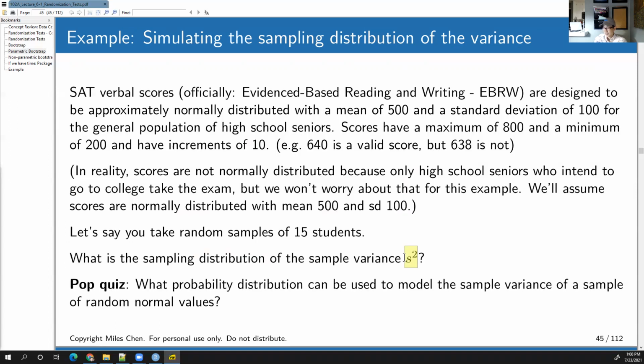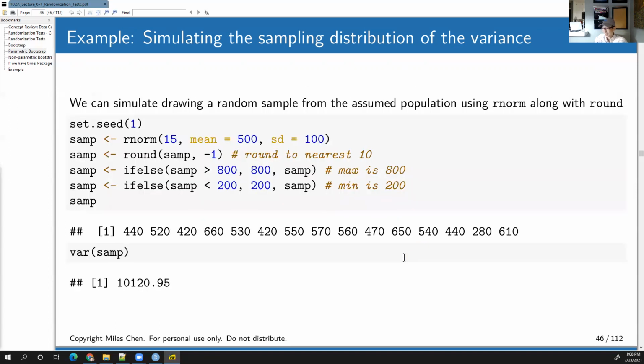Well, let's take a look. Here I'm going to simulate our sample. We're going to start by using R's ability to generate random normal values. I'm going to say, give me 15 random normal values from a population where the mean is 500 and the standard deviation is 100.